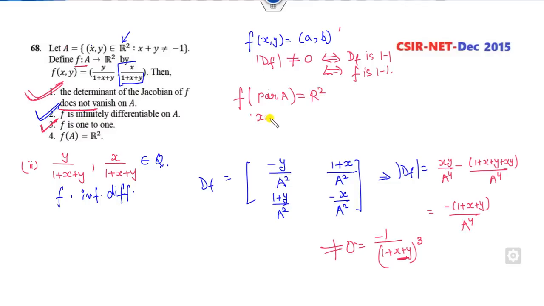No. If I consider x as minus half and y as minus half, that point is not in A. So what is the meaning of that? The corresponding image is not in R square. That means this point does not map onto R square. So every point of the A, that image is not going to be there. So this will not be the right answer of this problem.